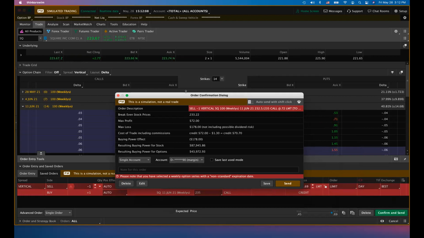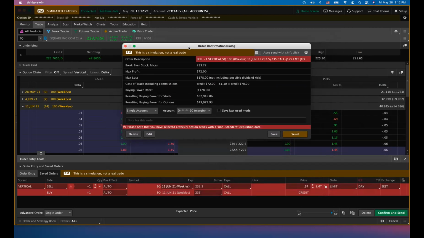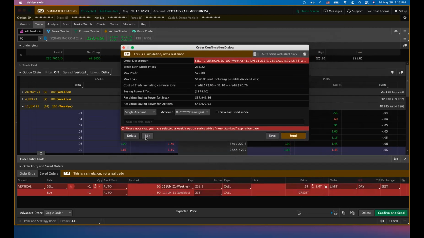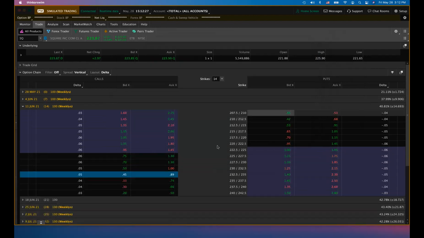Does that make sense? It does, but when you picked it, it wasn't in the purple. It wasn't in the money, right? Does that matter? Yes and no. The reason it is not in the purple is that it's out of the money right now, because I'm on the call credit side.